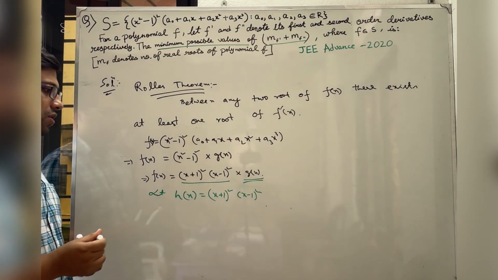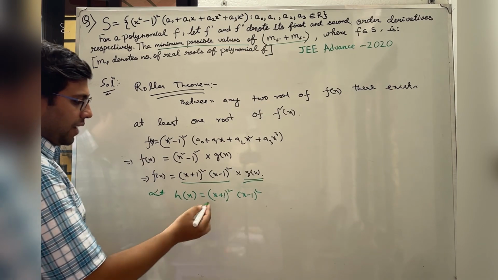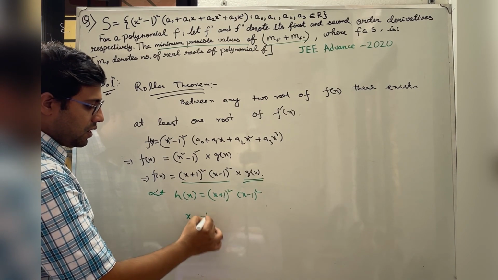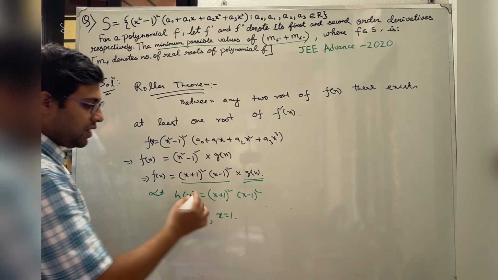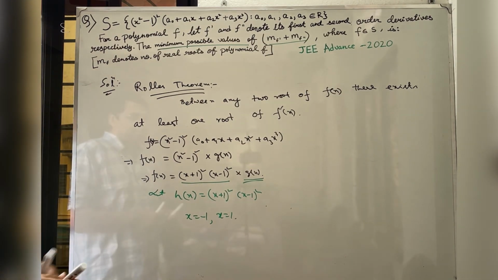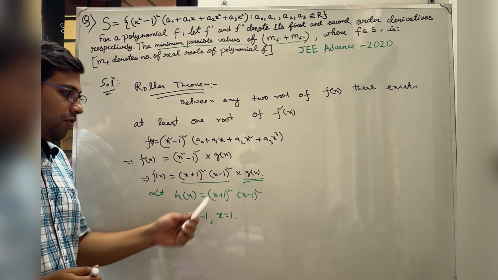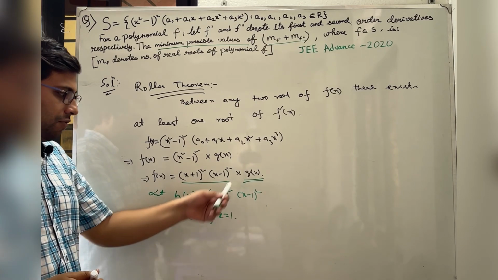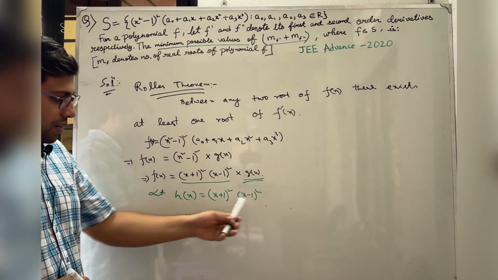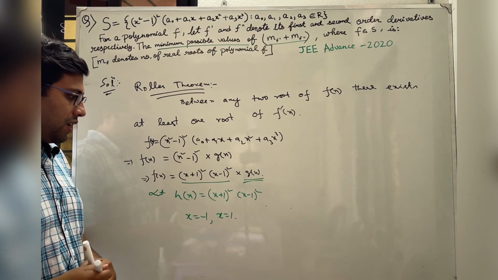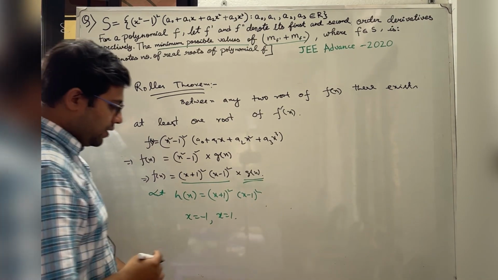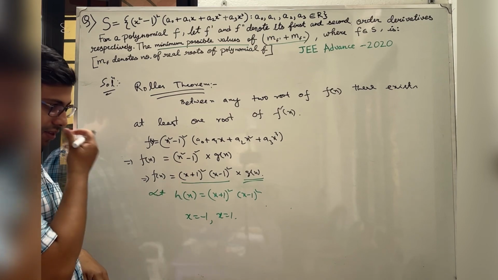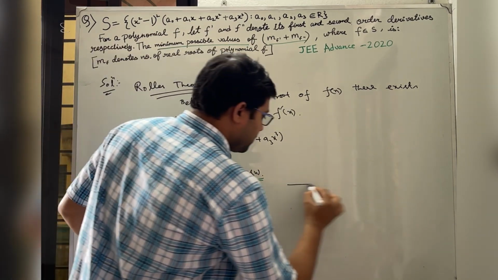Now look, at x equal to minus 1 and x equal to plus 1, h becomes 0, and each is a multiple root of order 2, since (x plus 1) and (x minus 1) are in the form of square. So the graph of h(x) will look like this.